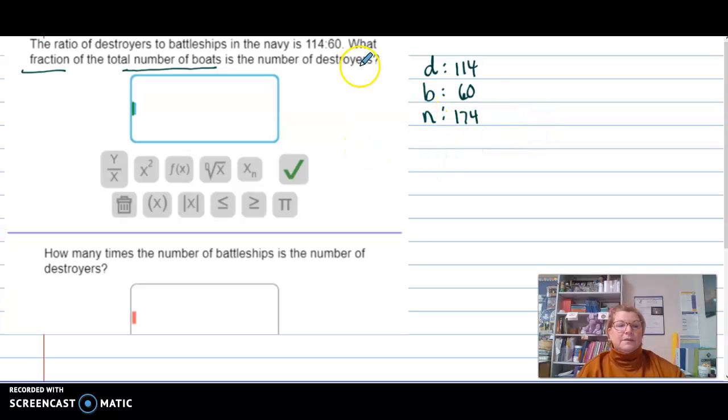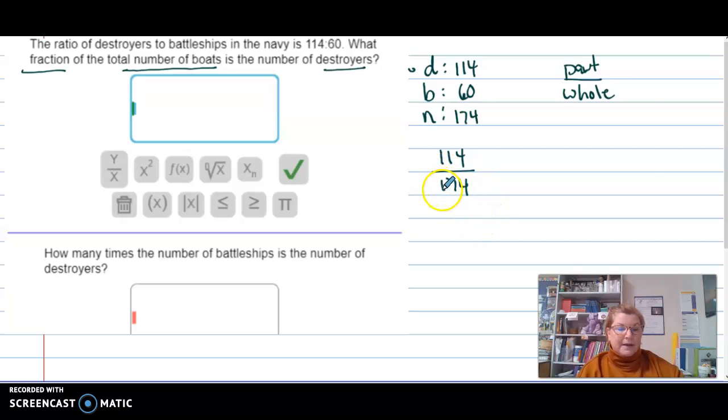Then they asked what fraction of the total number of boats is destroyers. So fractions again are the part identified in the question over the total or the whole group. That's the definition of a fraction again. They are talking about destroyers, so 114 destroyers over 174.